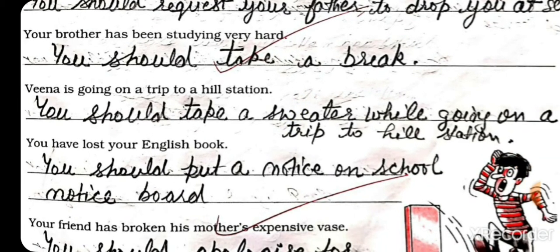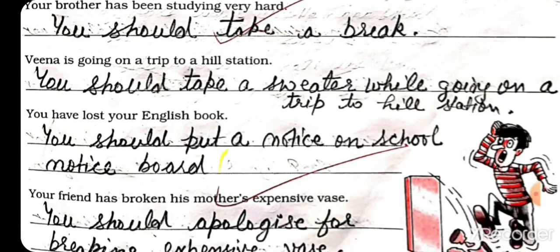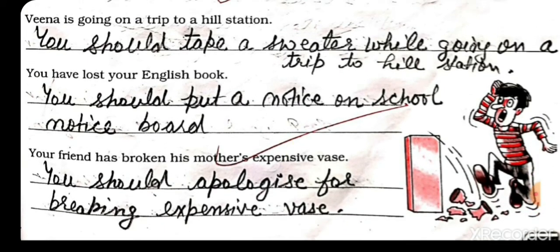Now, next one, students. You have lost your English book. Then, students, you should put a notice on the school notice board. Then, beta, your friend has broken his mother's expensive vase. So students, how can we frame the sentence?